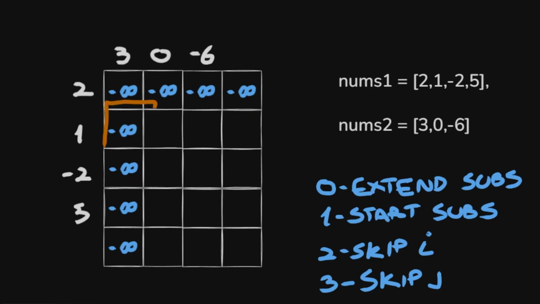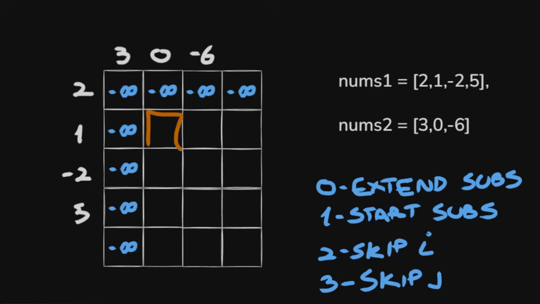For example, here we are picking 1 number from nums1 and 0 numbers from nums2, so the maximum result at this point is minus infinity. Let's say that we are here. It doesn't matter if we pick any of these 3 numbers from nums1 because we are still picking 0 numbers from nums2, so this is still minus infinity.